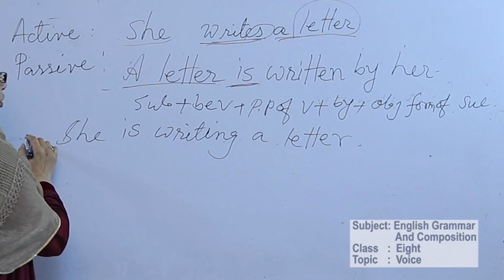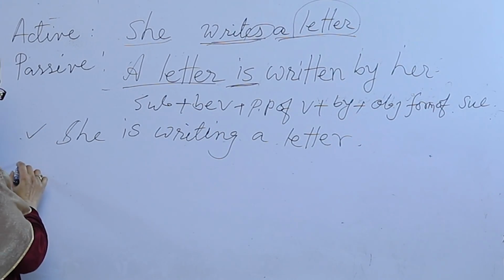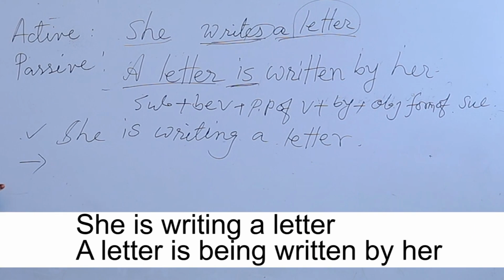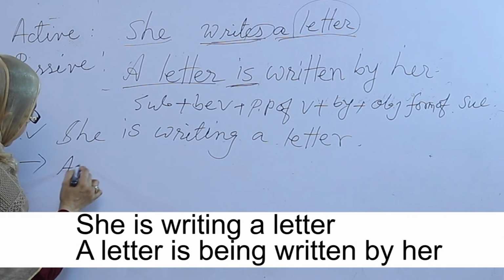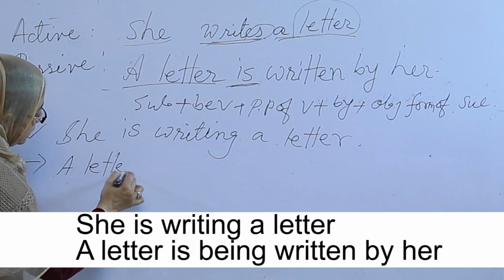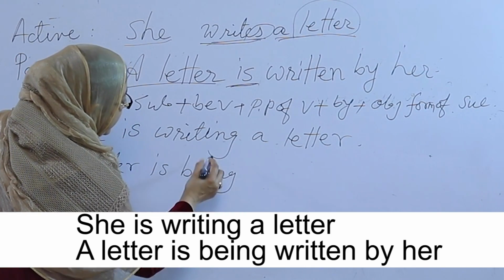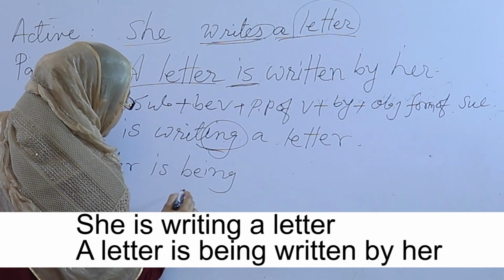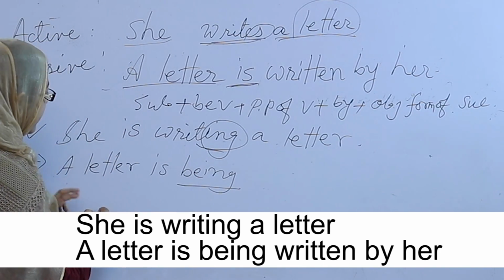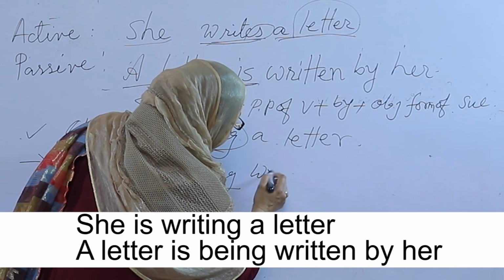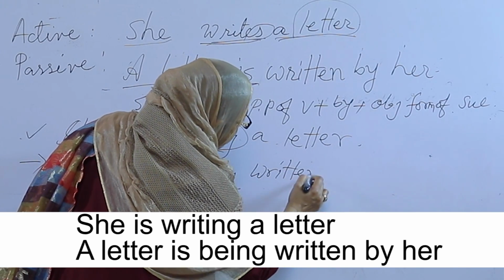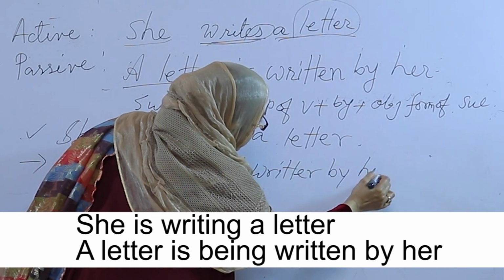This is the present continuous sentence. How can I turn it into passive? A letter is being, we use being because it is a continuous form. A letter is being written by her.